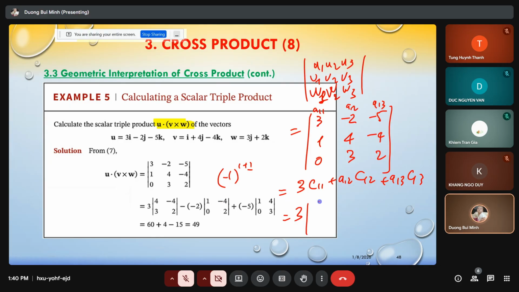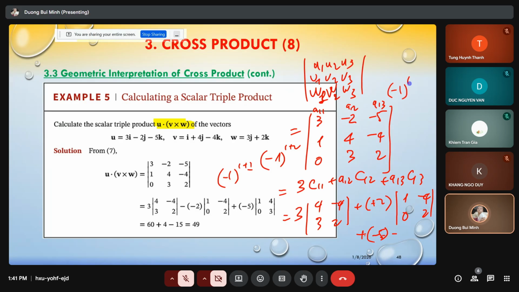So you get here 4, 3, minus 4, 2. And then A12, you get minus 2, and minus 1 to the power of 1 plus 2, you get a negative sign, so positive overall. And then here you get 1, 0, minus 4, 2. And then you get minus 5 and minus 1 to the power of 1 plus 3, you get 1.